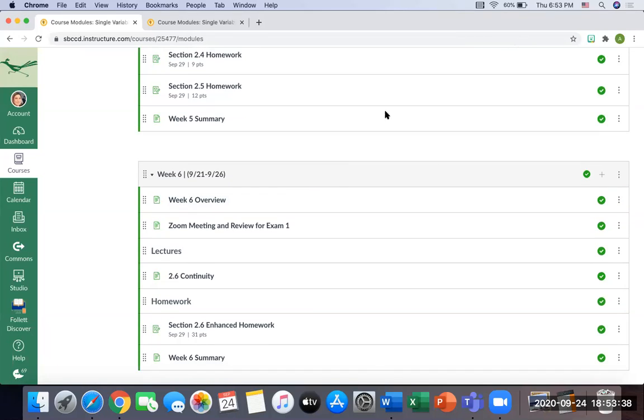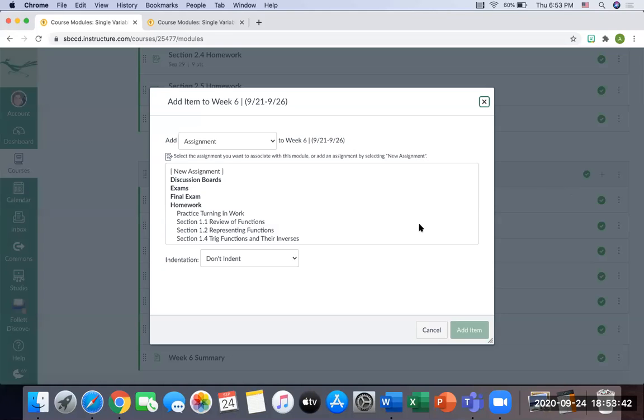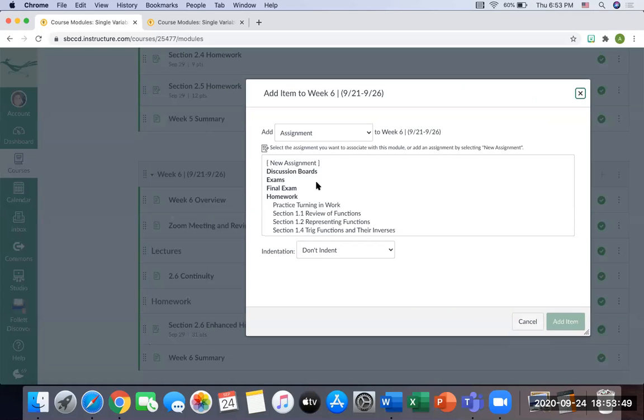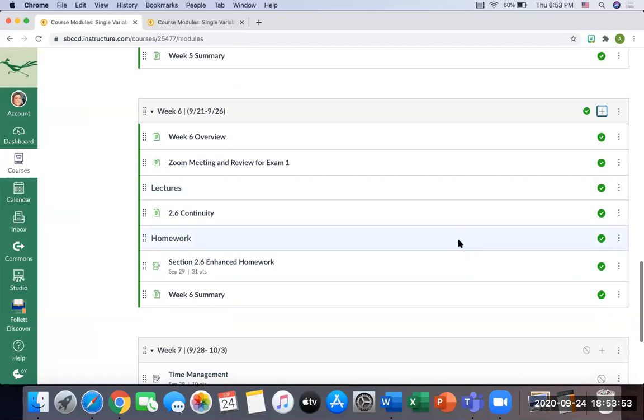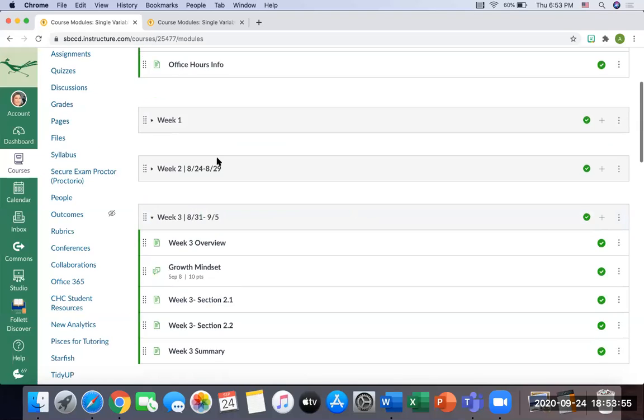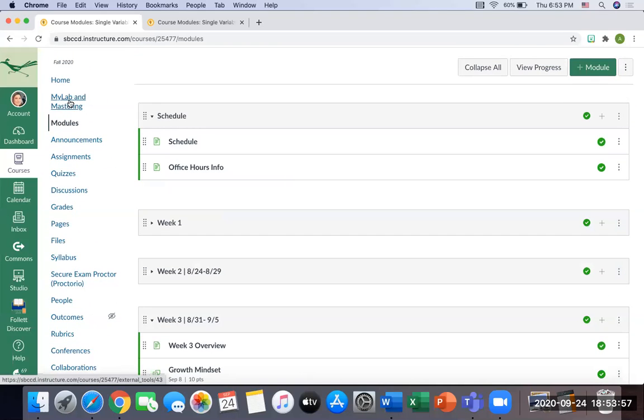For this week, I will add it after our meeting. It's not showing up for me yet. So at 7, I'll add it to your module, but you can always find all your assignments here at MyLab and Mastering and access everything there.